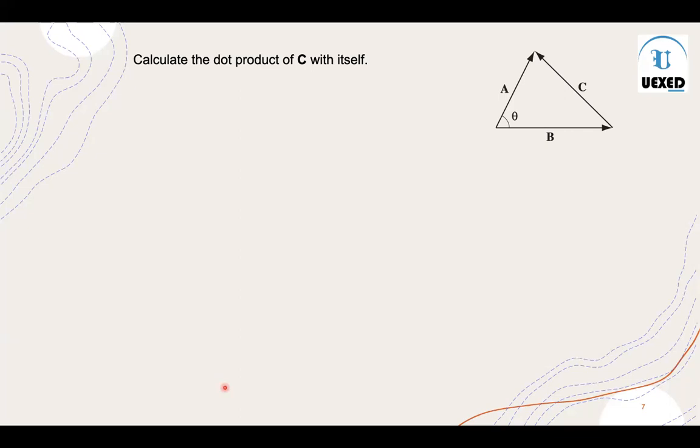Can you calculate the dot product of C with itself? The diagram is given here. If there is any confusion with the question, you can ask, but I hope this is very straightforward. You just have to calculate the dot product of C.